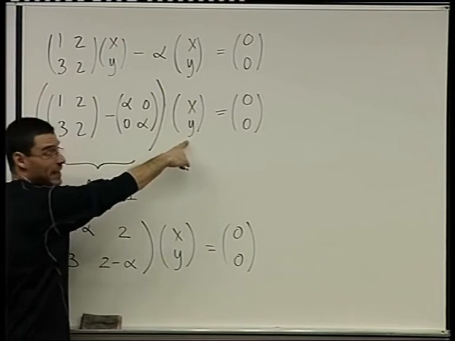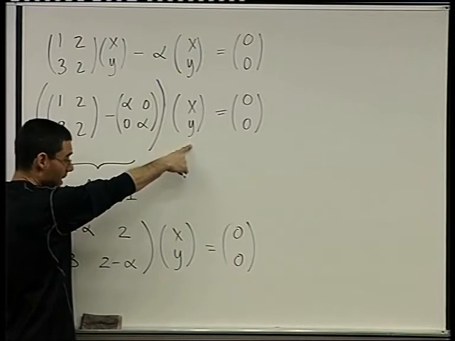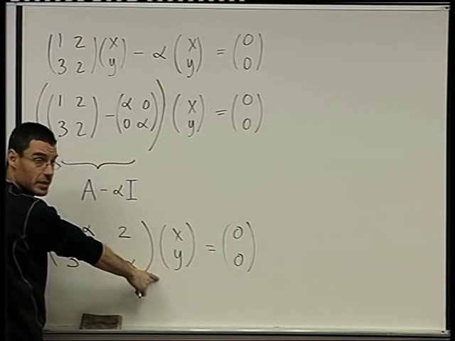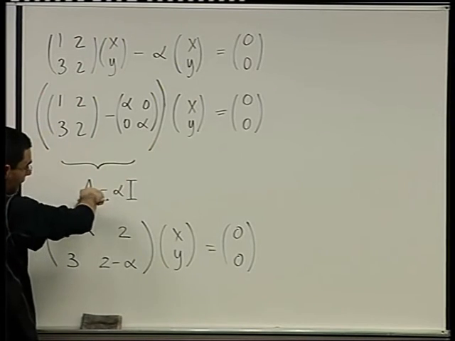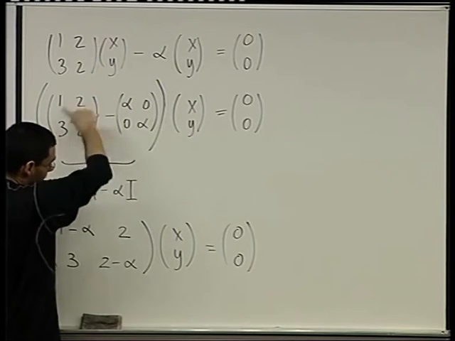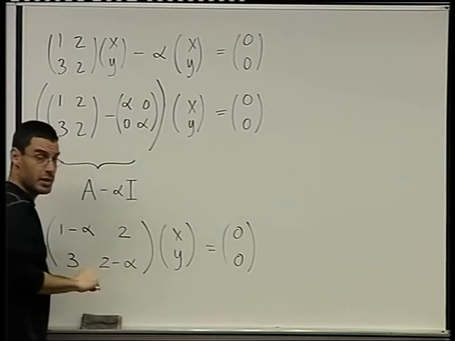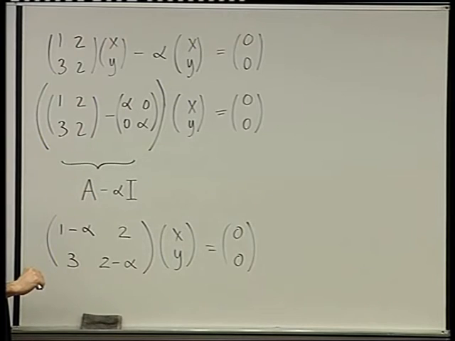An eigenvector, a vector xy that solves this, is a vector which satisfies that A minus alpha I sends it to 0. Okay?